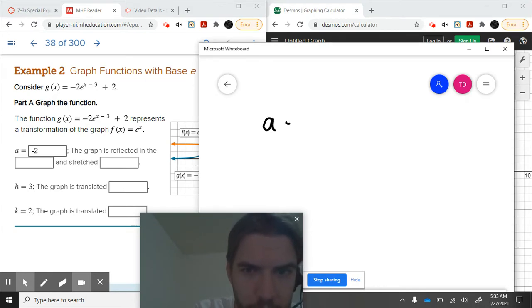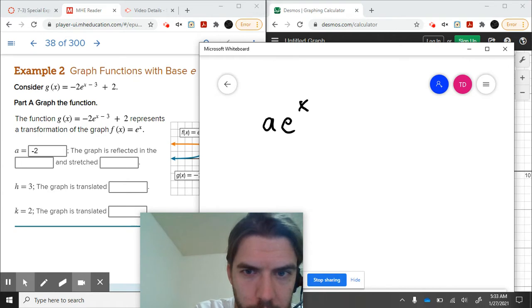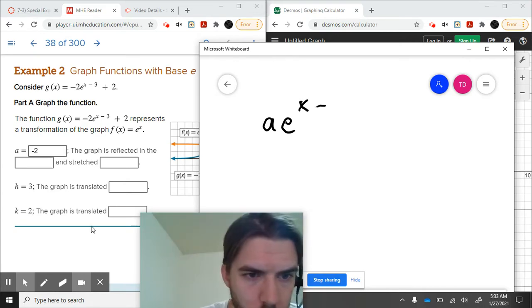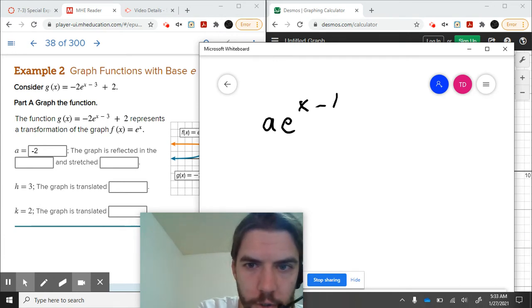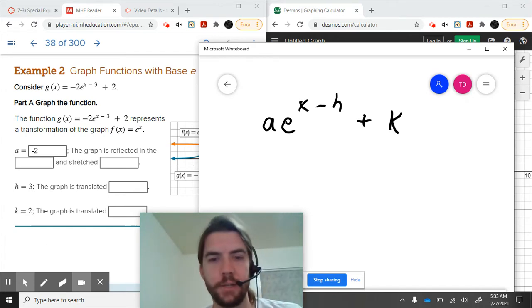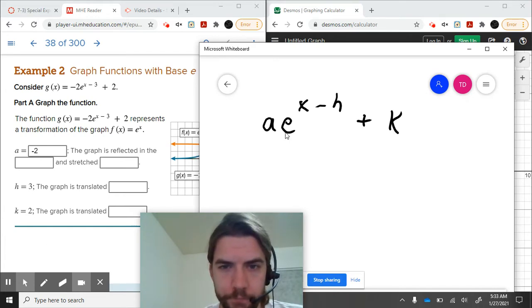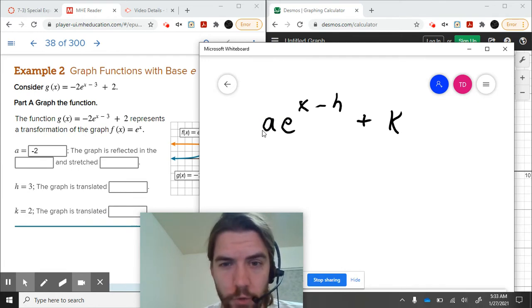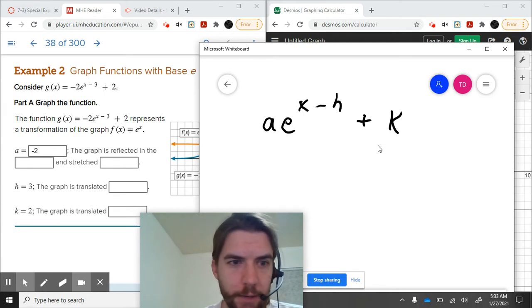So you have A e to the x minus H, plus K. Here K is 2, H is 3. That's your basic E-based exponential, or any kind of exponential, I guess. You have a stretching factor vertically, a shift left and right, and a shift up and down.